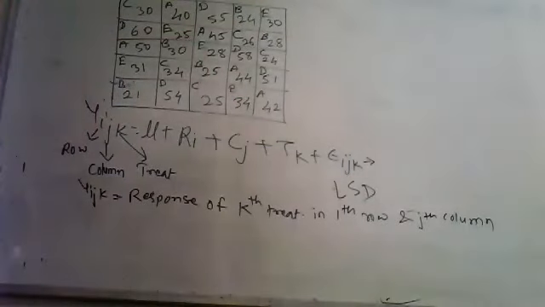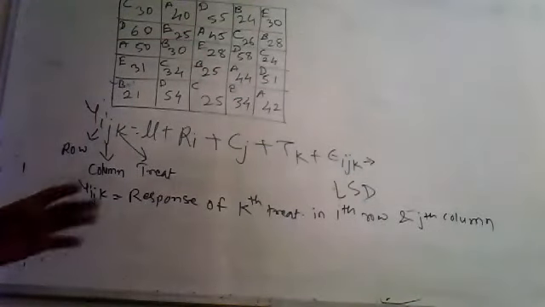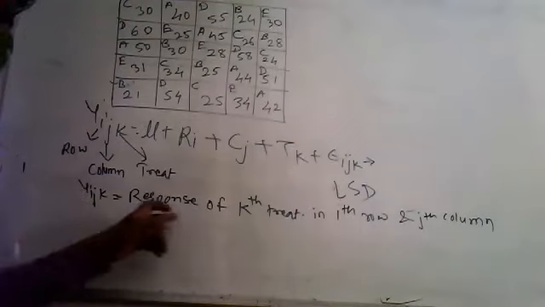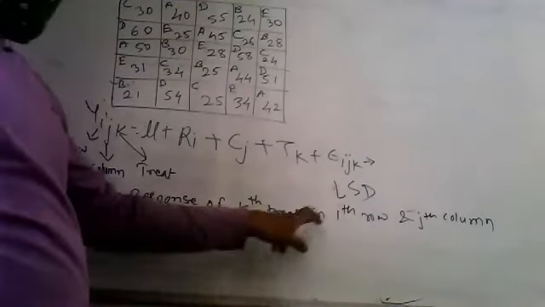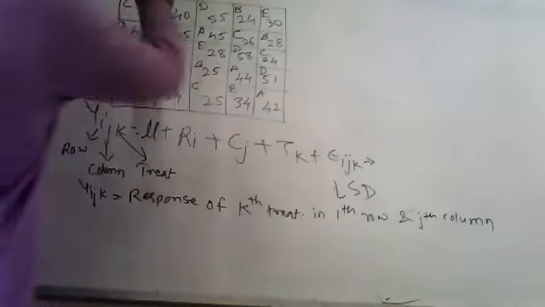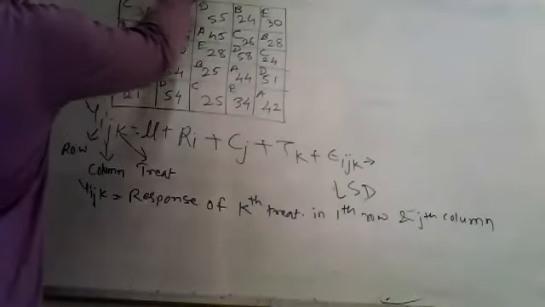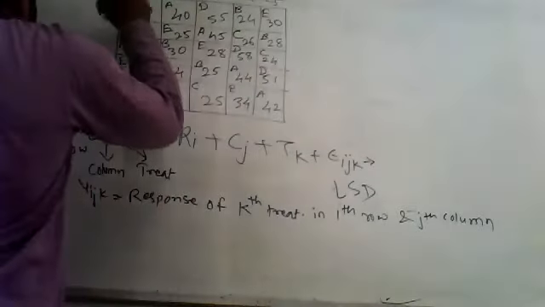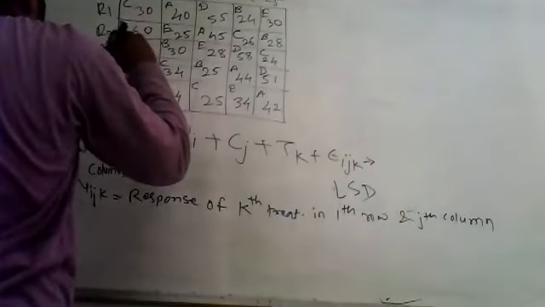These are the values. So Yijk is the response of kth treatment in ith row and jth column. These are C1, C2, C3, C4 and C5, R1, R2, R3, R4, R5.